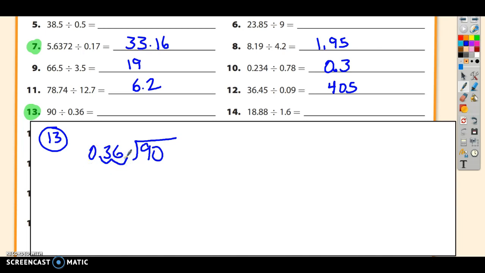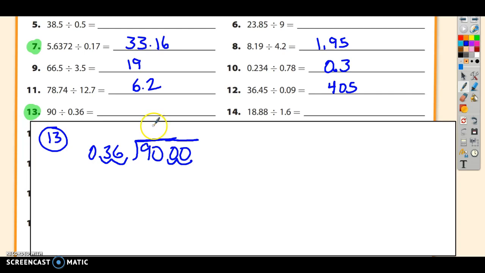And then you have to do the same thing to the dividend that you did to the divisor, but there's no decimal in the dividend. So what we have to do is annex a decimal and 2 zeros, and then do the same thing we did to 36 to 90, which is multiply it by 100, the same thing as moving the decimal 2 places to the right. So now it kind of looks like 9,000 divided by 36, which will get us the right answer.